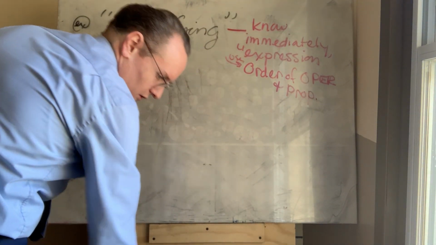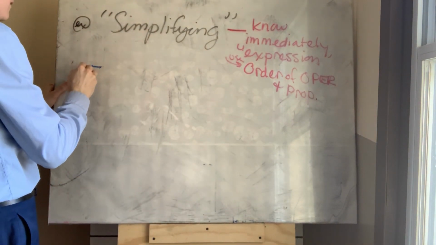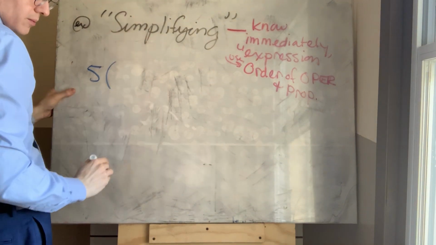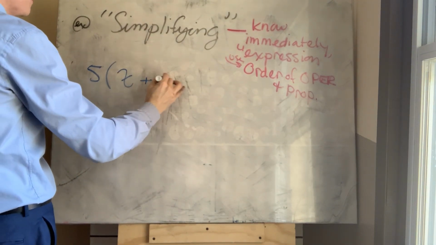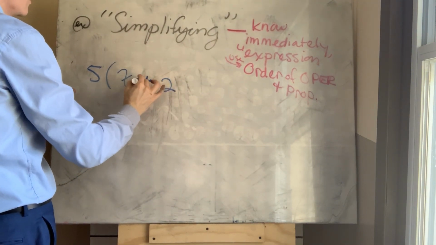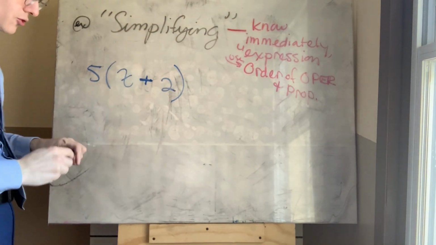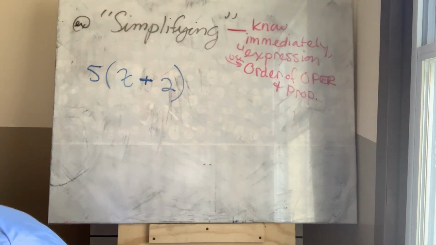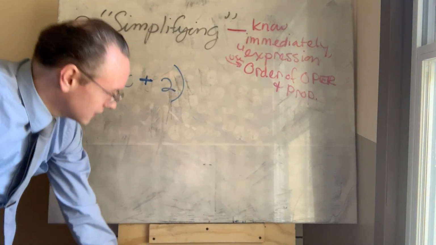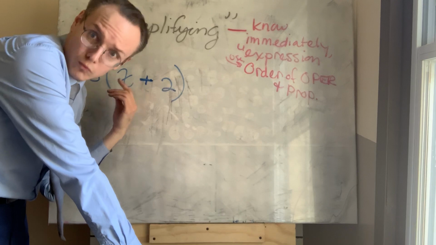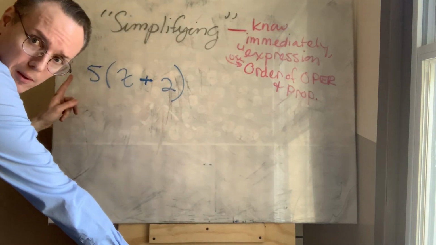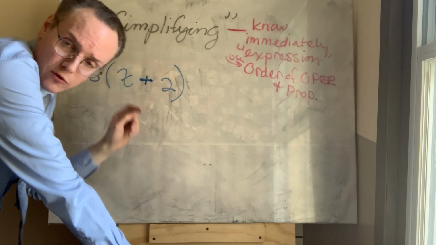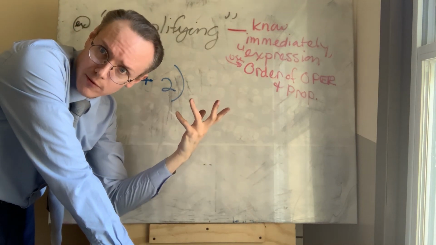Okay, here's the example. 5 times x plus 2. Now, we're familiar with the distributive property at this point, and the distributive property over addition says that if you want to add first the contents of the parentheses, go ahead. And if you want to multiply first, that is distributed to each of the contents first, go ahead, and then add as an afterthought.